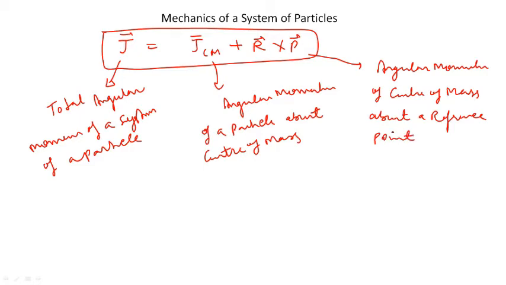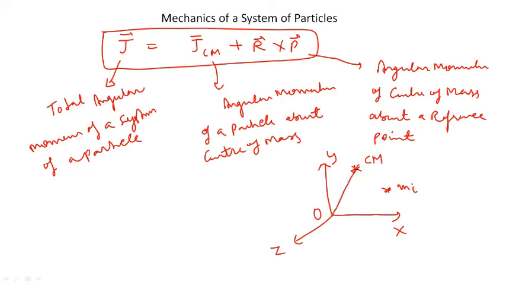So to prove this relation, first we will consider a reference frame in which a system is present. Let us say it is the z-axis, the x-axis, and the y-axis, and this is the origin. The system has, let us say, the center of mass here, and there is another particle m_i.